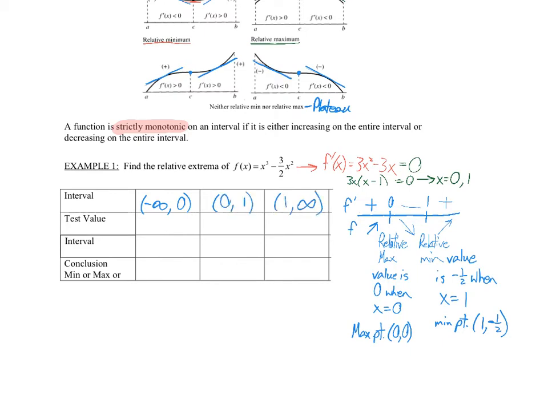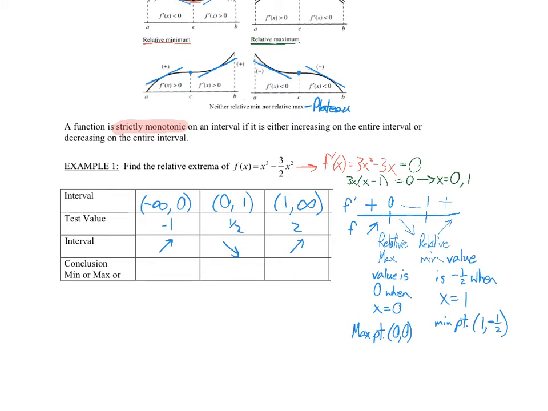If I tested negative 1, a half, or 2, the derivative was positive, so the interval was increasing, and then decreasing, and then increasing.